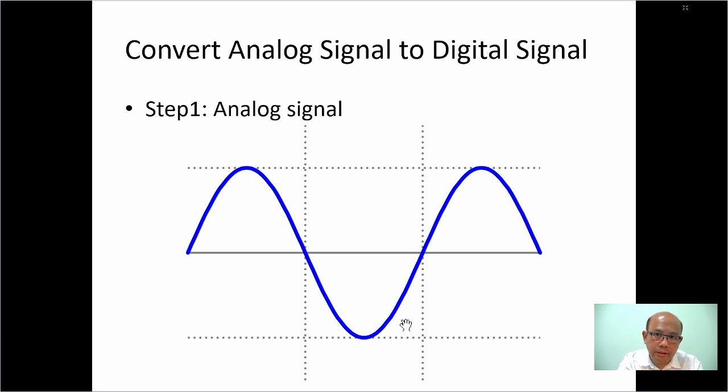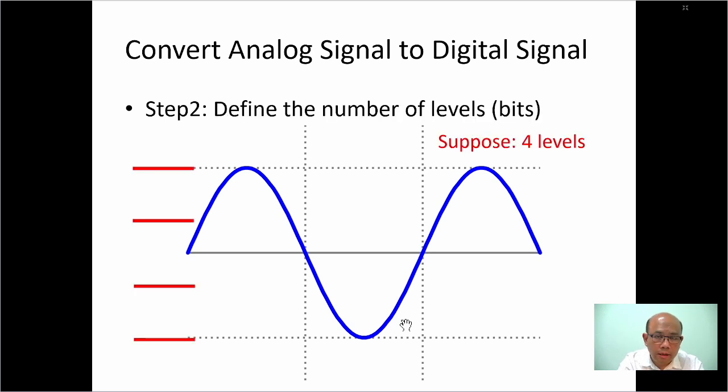Here in each step to convert the signal. The first step, I have an analog signal in blue sine wave form here. The second step, I define the number of levels related to the number of bits in the system.